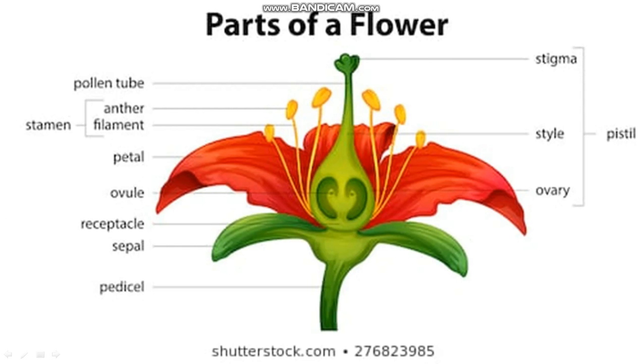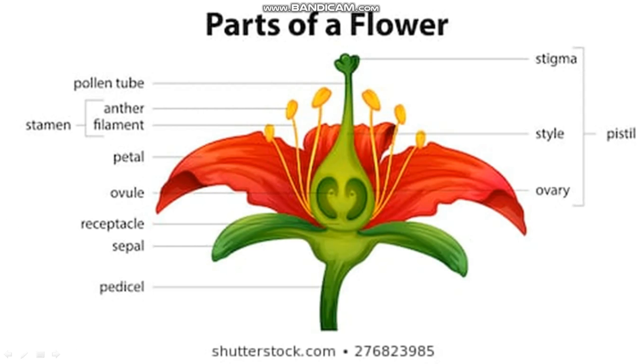This is a typical flower. You have to make it in your notebook also. This is the pollen tube, this is the stigma, this part is the androecium, and gynoecium actually means the female part, and this is the ovary or ovule. This swollen part is the ovary, right. This red colored part is petal or corolla. This is called sepal or calyx. This is the pedicel, right.